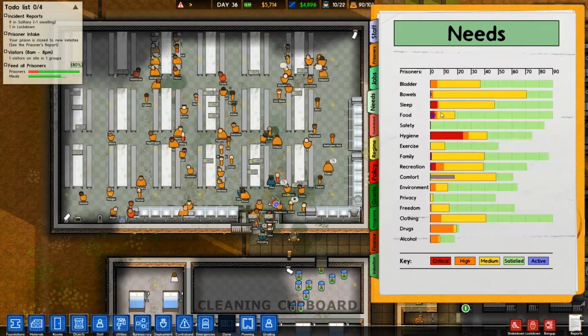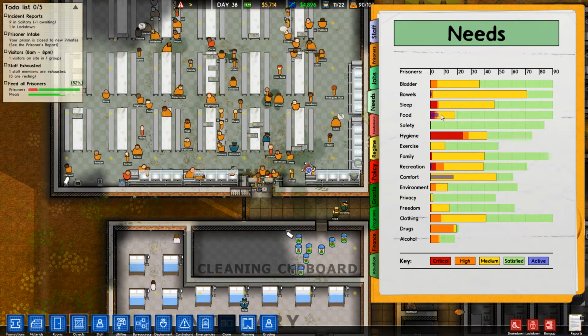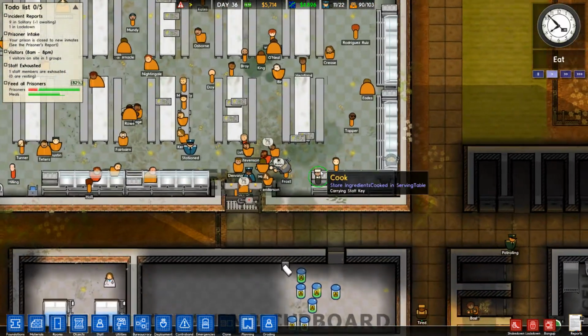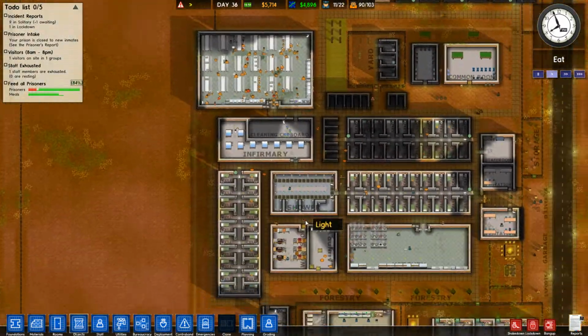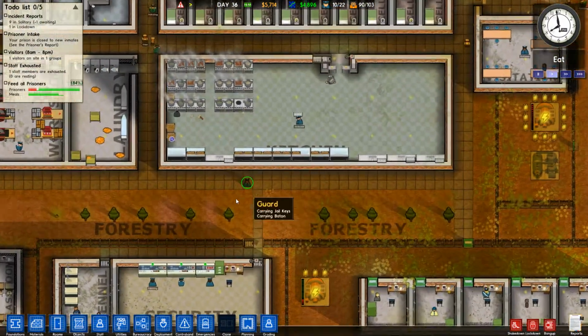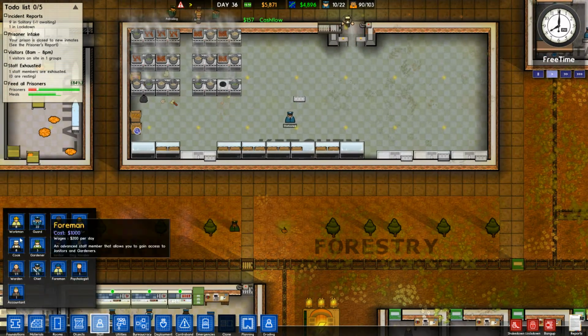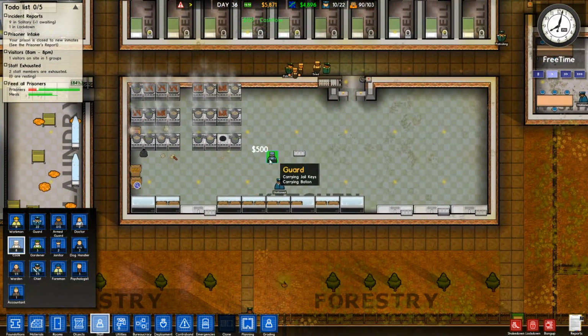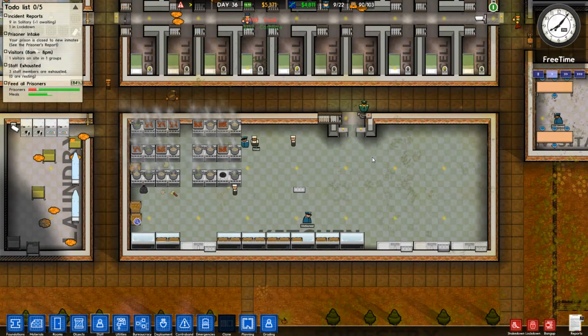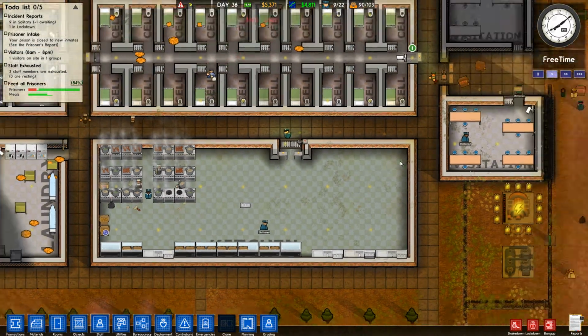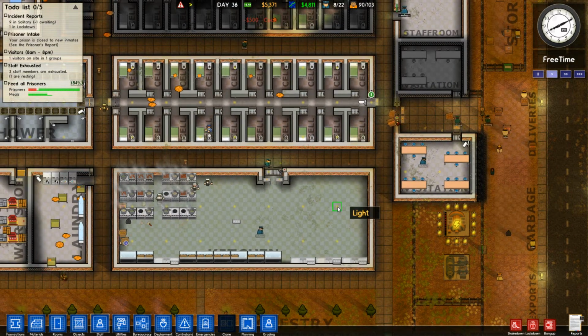Needs. Food is now actually being met, finally. But I would like to go down all the way, so I could hire another cook. Maybe that will solve my problems. Cook. I already have 8 of these guys. How many more do I need? 9. Now I have 1 in 10. So 1 cook for every 10 prisoners. I think that should be enough.